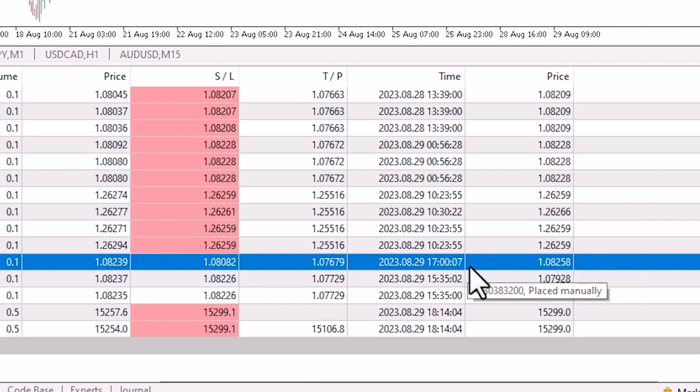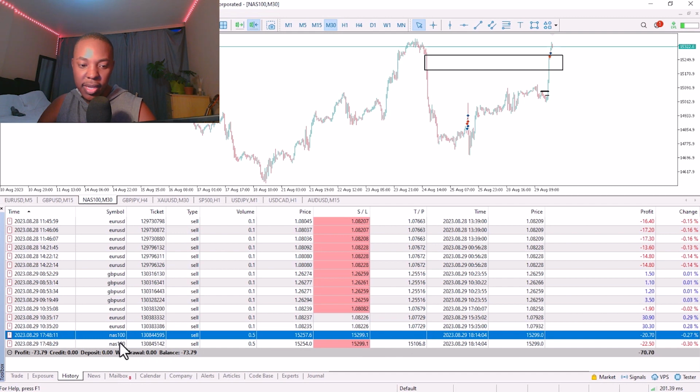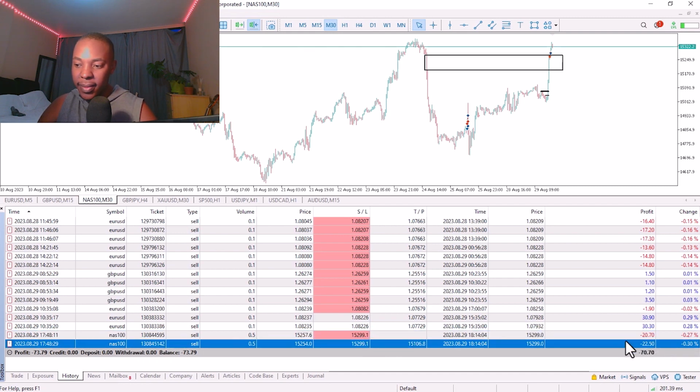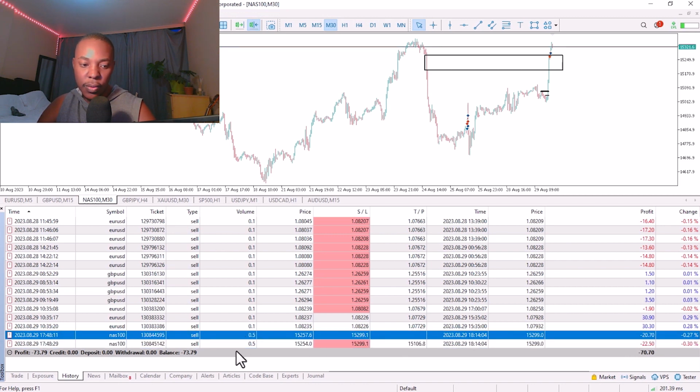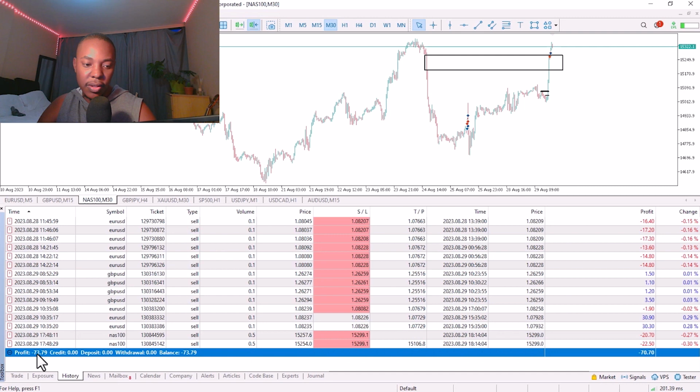So that's one thing you gotta make sure you watch out for. And then the next one was NAS. As you can see, I took an SL, closed at that price. So total for these 2 days, I've lost minus 73 USD.